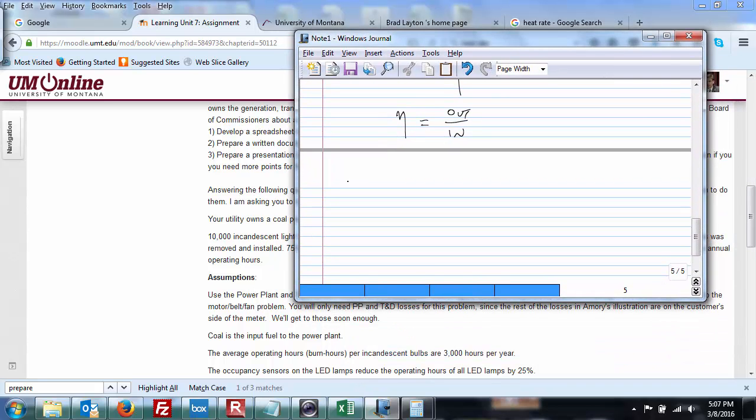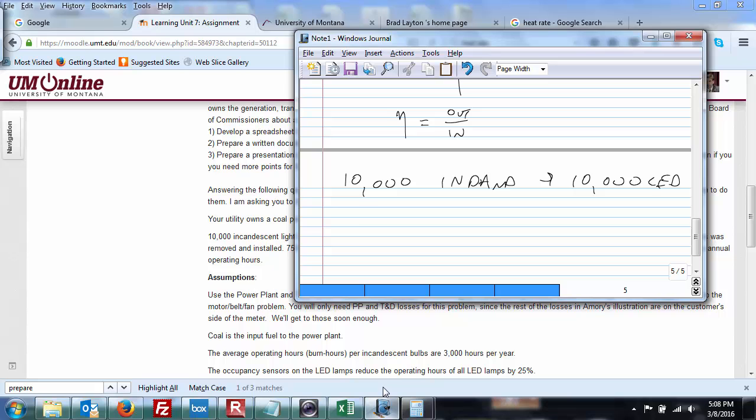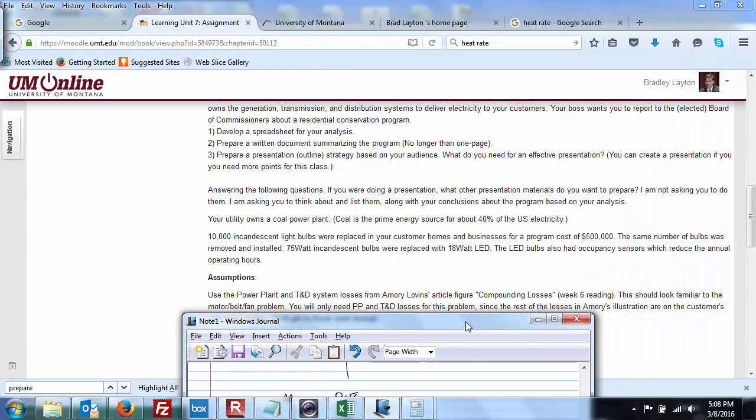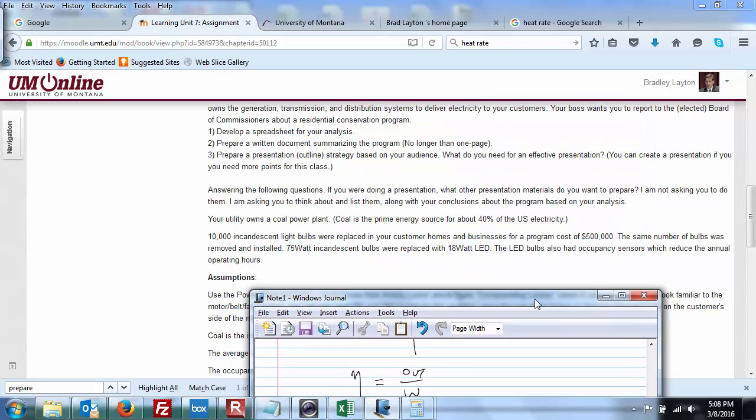So we've got 10,000 incandescent bulbs being replaced with 10,000 LEDs. Good. We've got 75 watts over here, and 18 watts over here. All right.